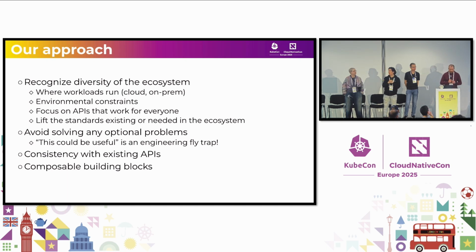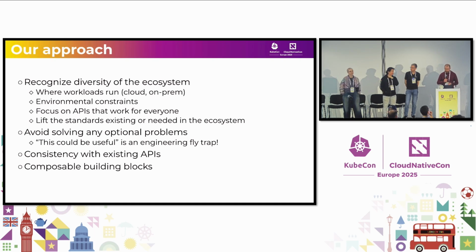So what is our approach? It's a very diverse ecosystem. We've got clouds, we've got multiple clouds, and they have their own quirks. We've got on-prem. So we want to recognize the environmental constraints and how different cluster deployment topologies can do different things, and focus on APIs that work everywhere.